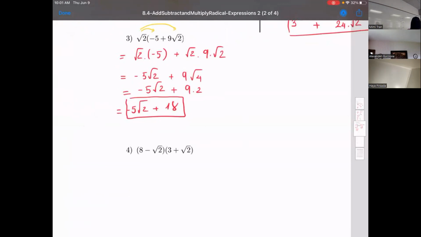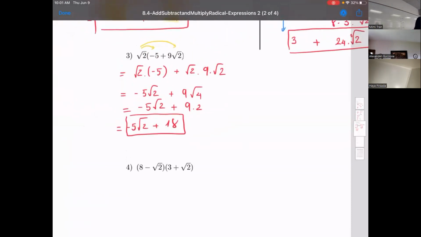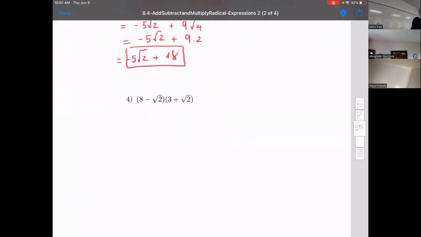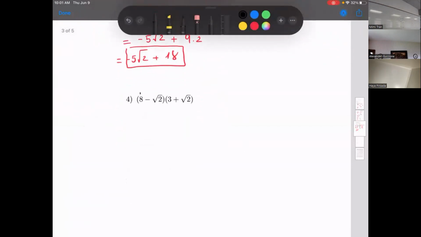All right, now instead of distributing, you have a binomial times a binomial. So what do we use when we have 2 binomials multiplying each other? What's that term called? FOIL, right? So same thing, FOIL. So for that, 8 times 3 is... I'm gonna do it slow. 8 times 3.